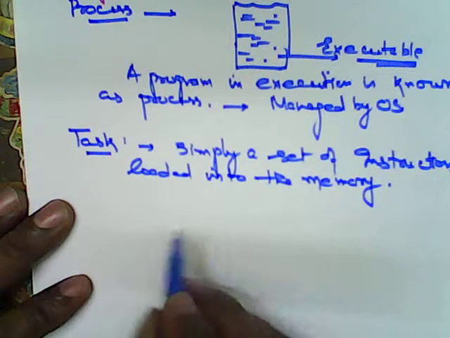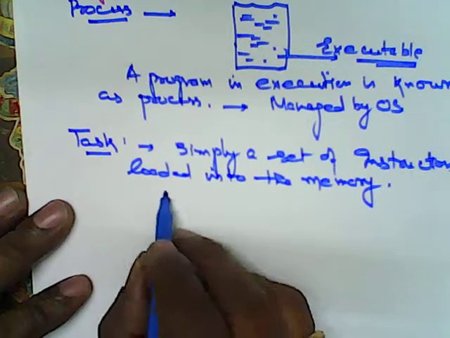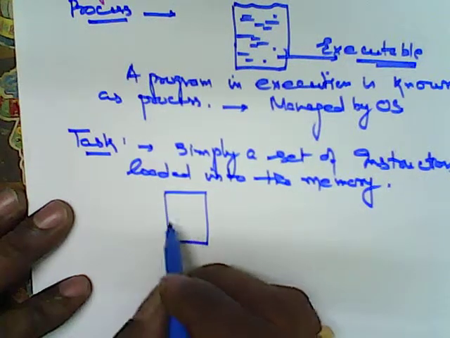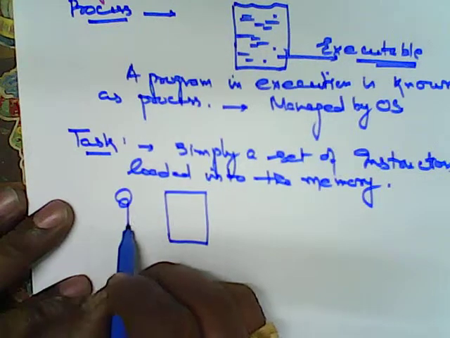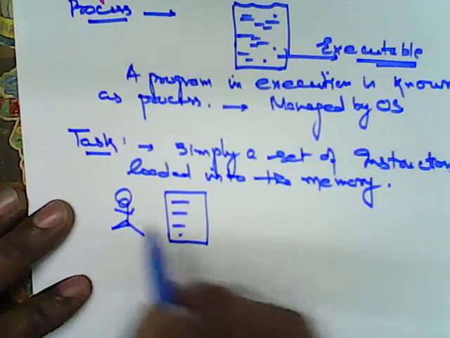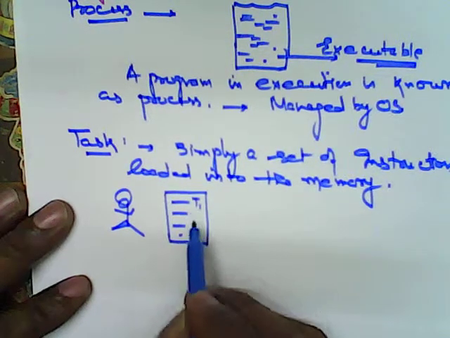For example, you are telling somebody to carry out certain tasks at certain times. If you give a person a list, he will see, okay, this is task 1, task 2, task 3.